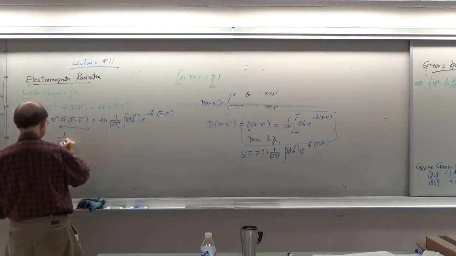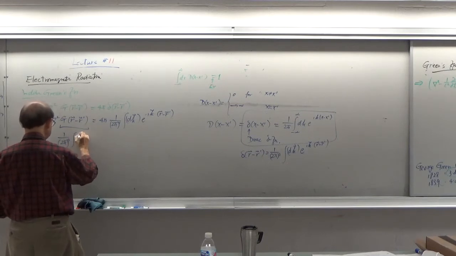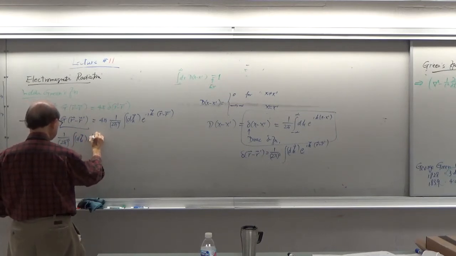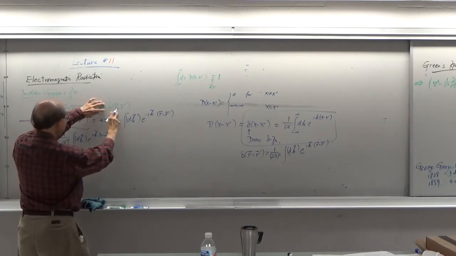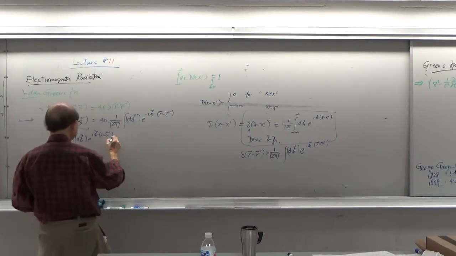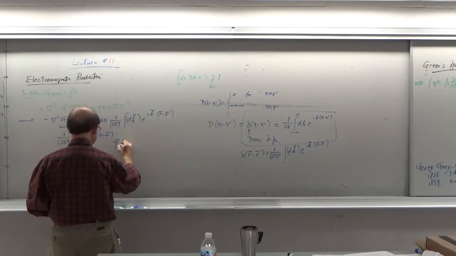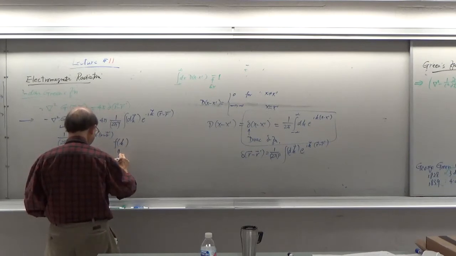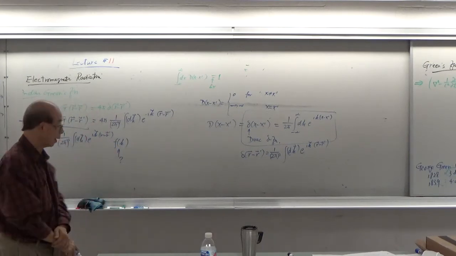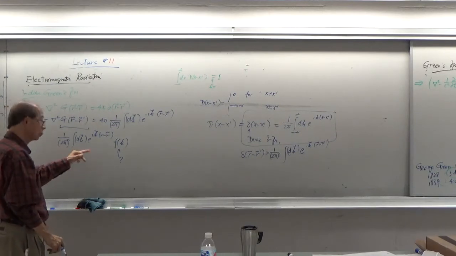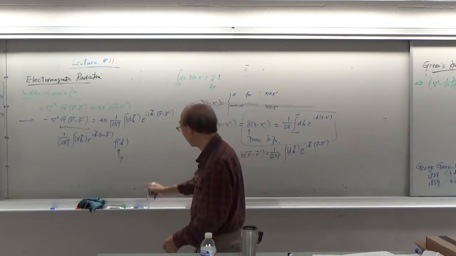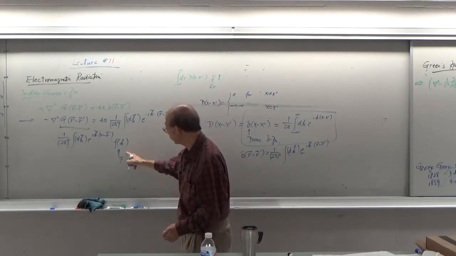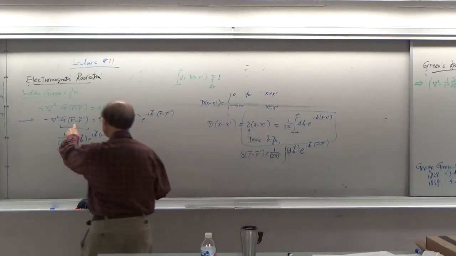Let me write this as 1 over 2 pi cubed integral, e to the i k dot (r minus r prime), essentially the Dirac delta function form, but now times a certain function of k. I do not know what it is. If I knew, maybe I'm lucky and I can do this integration over k. Actually, it's not that hard to guess what this part of the integrand must be in order for the Green's function to satisfy this.